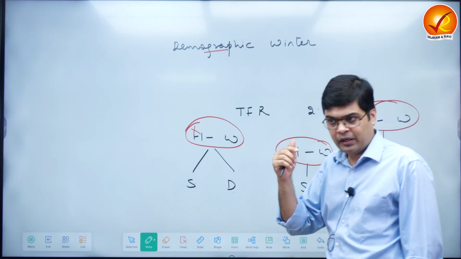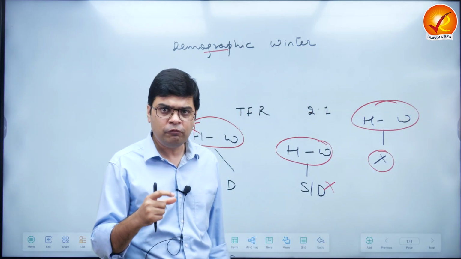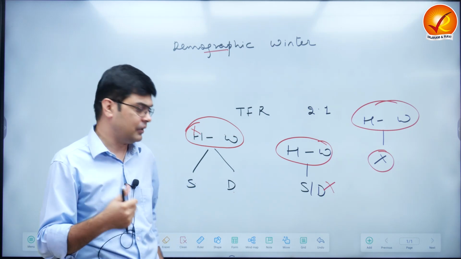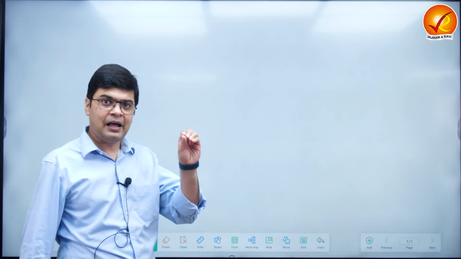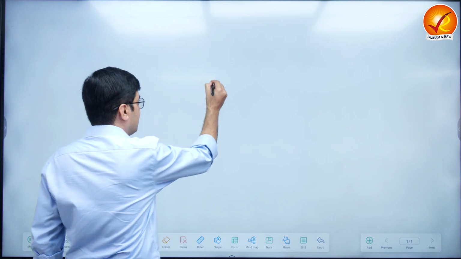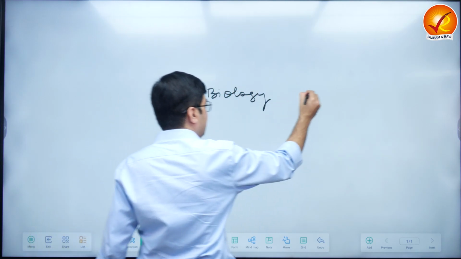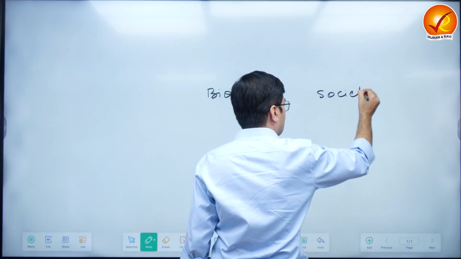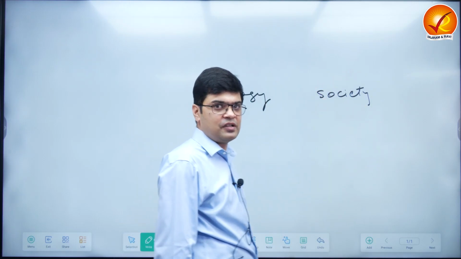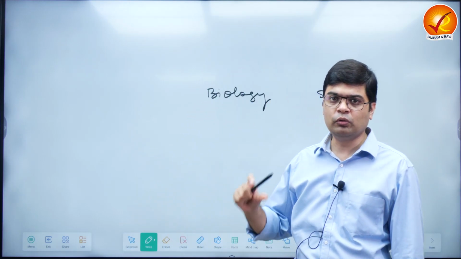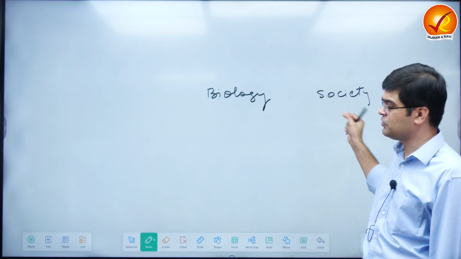Okay? Now, fertility depends on a number of factors. Fertility will have 2 things. One is biology that determines fertility. Second, it is society. Fertility is decided by either of these 2 things or both, biology as well as society.